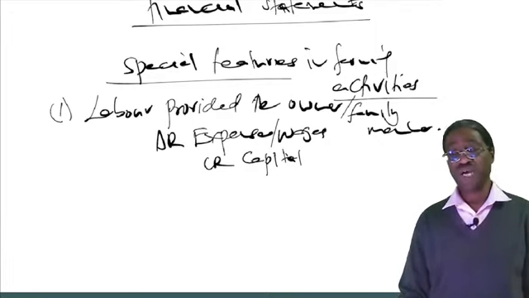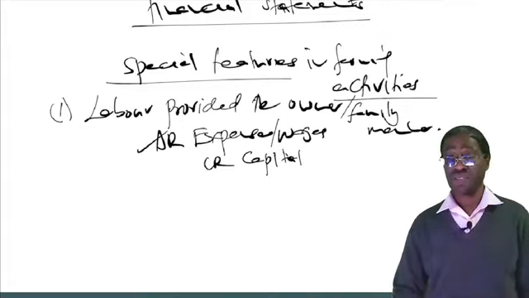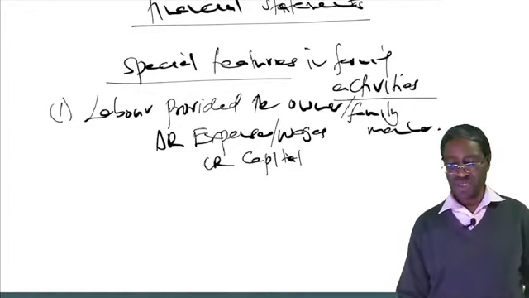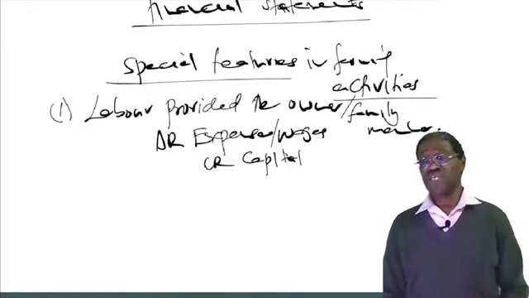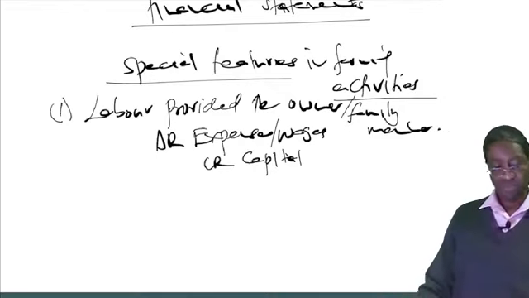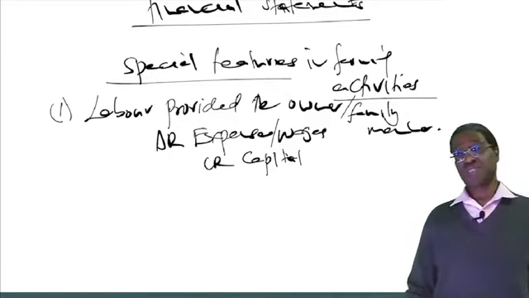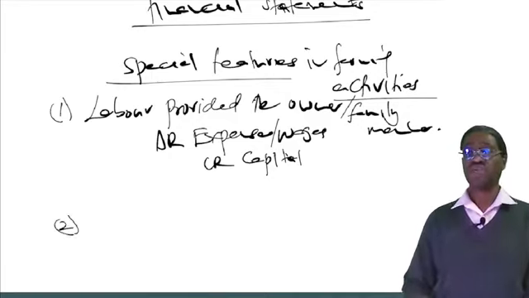And maybe you can put down the double entry, saying you debit expenses and you credit capital. Expenses, we are taking it like wages. Yeah? That's number 1.